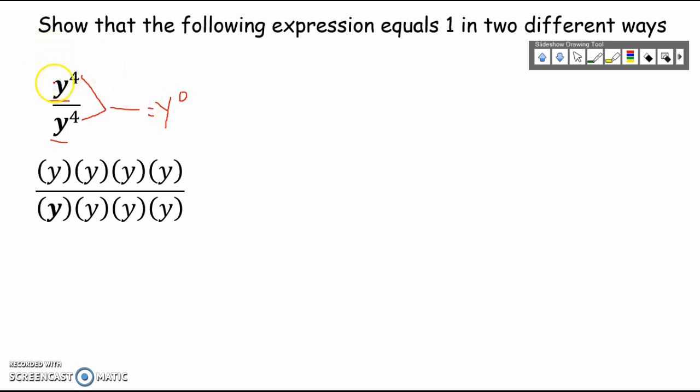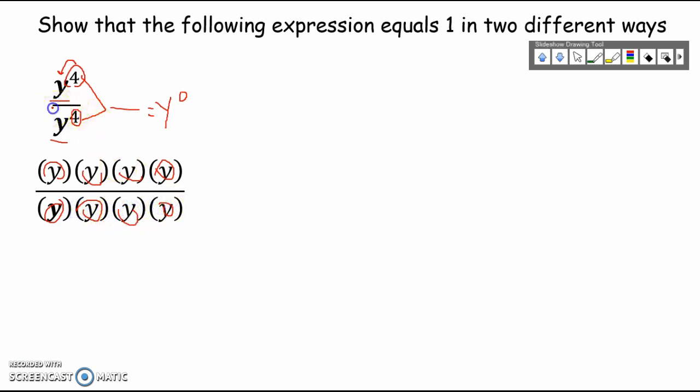If I'm going to write that out in expanded form, remember the 4 tells me how many times I'm going to multiply the y by itself, which is 4 times. So here's 1, 2, 3, 4 times. This y to the 4th tells me I'm going to write that one out 4 times, or multiply the y times itself 4 times. 1, 2, 3, 4.